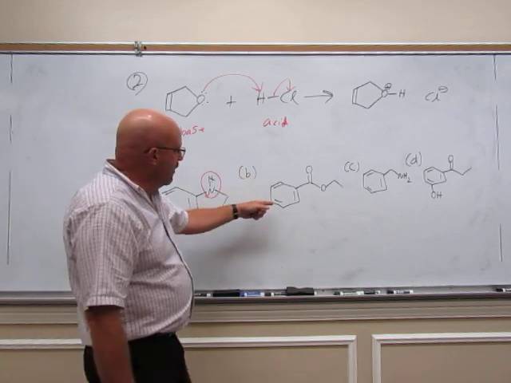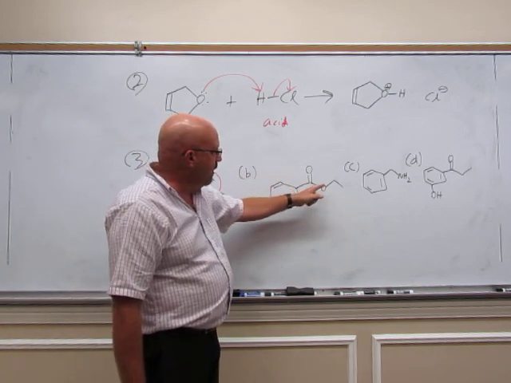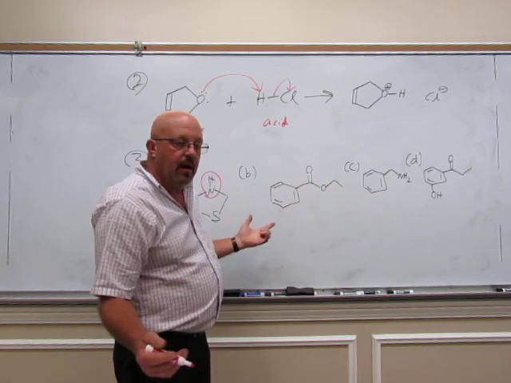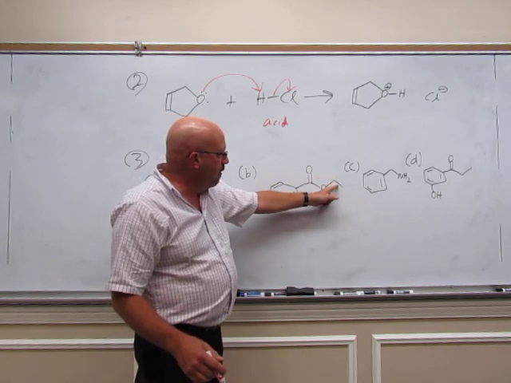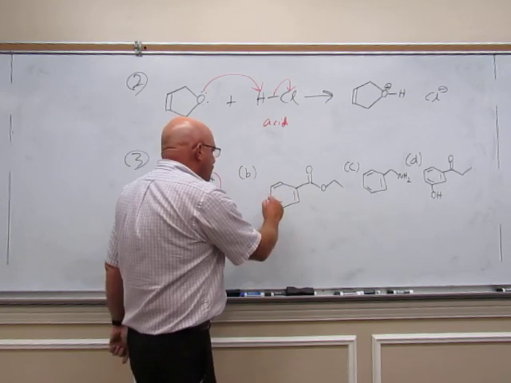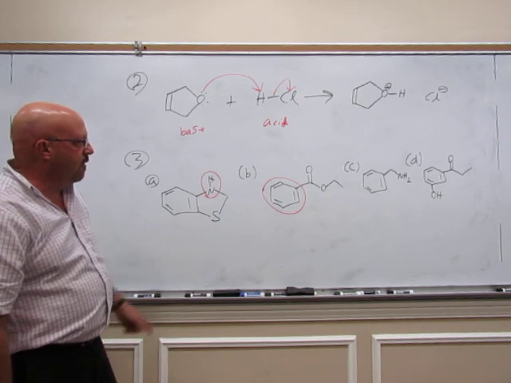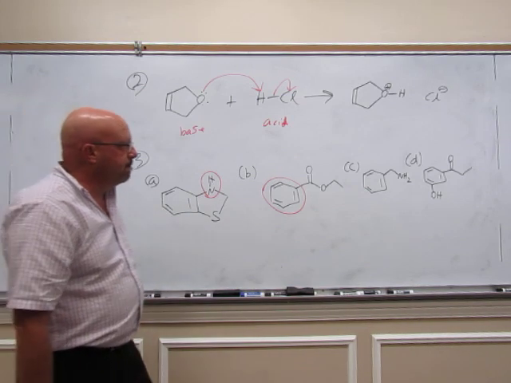Let's take a look at the next one. We have hydrogens on carbons here in the ring, hydrogens on carbons out here. And that's all we got, hydrogens on carbons. Some of them are on sp3 carbons, some of them are on sp2. You're more acidic on the sp2. So this is our most acidic hydrogens, the ones on those carbons. It's the best we got.